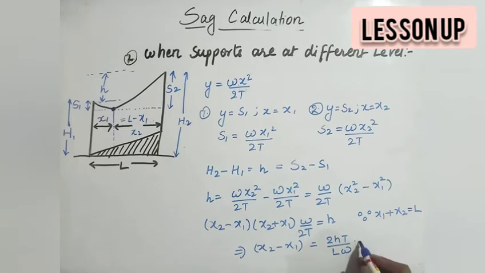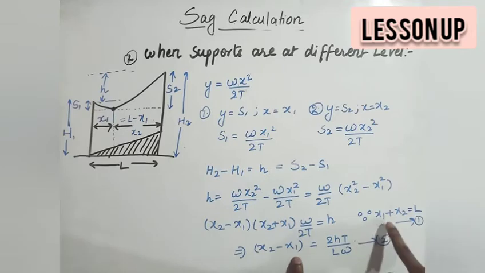So we got two equations, one is this and second one is this. If we add these two equations, x1 will get cancelled out.